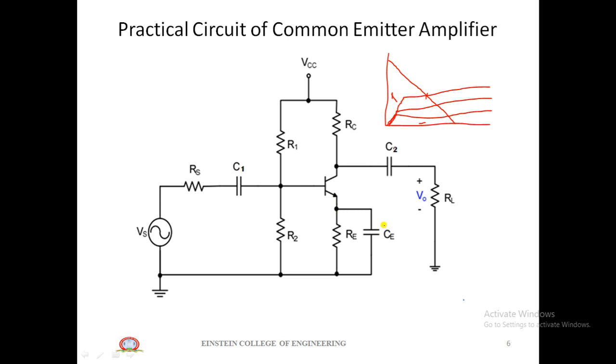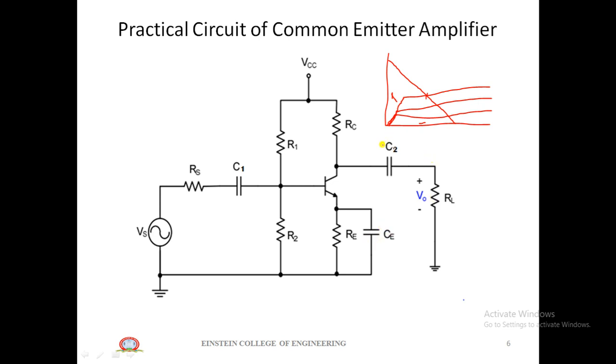If the capacitor is not provided, the whole current will be flowing through this resistance. The voltage across the RE will increase. If this voltage drop increases, then the voltage across the output will get reduced. To avoid that, we have provided the low reactance path by using this capacitor CE.